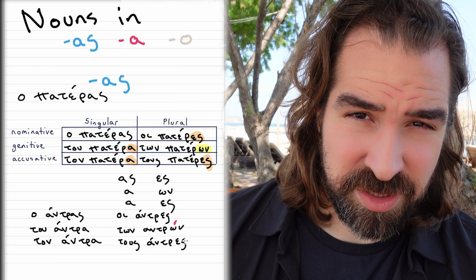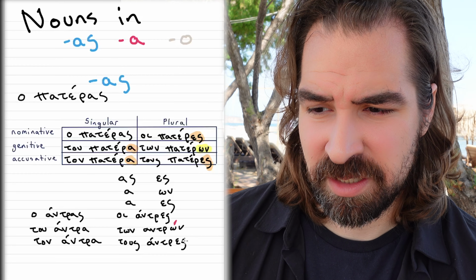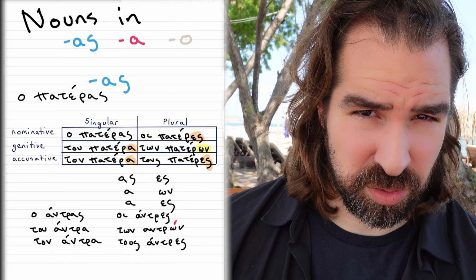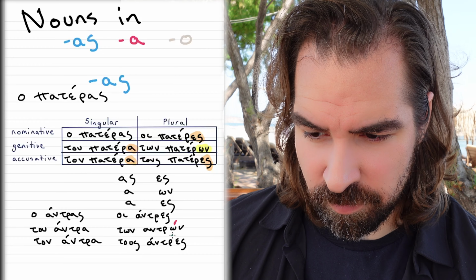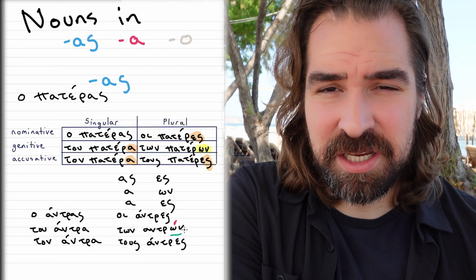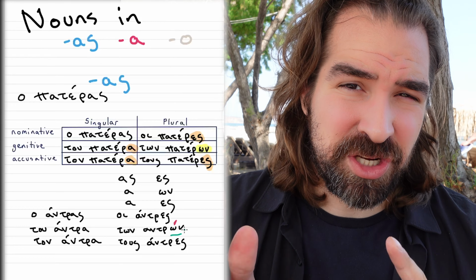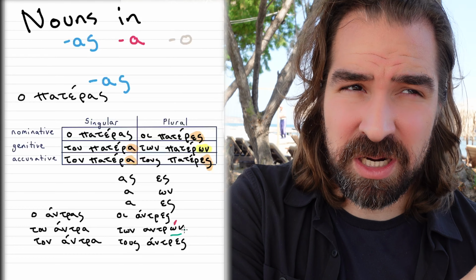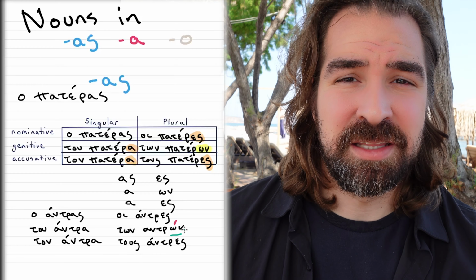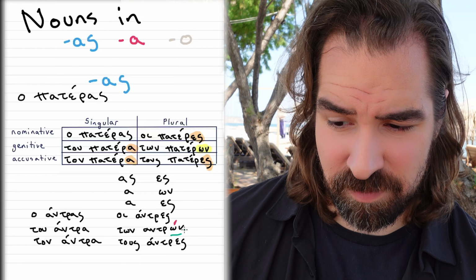What do I want you to notice with this word ο άνδρας? The accent mark on the genitive plural moved. It was on the first syllable, ο άνδρας, in everything except for the genitive plural. It became των ανδρών. The accent shifted to the back. This is characteristic of the genitive plural.